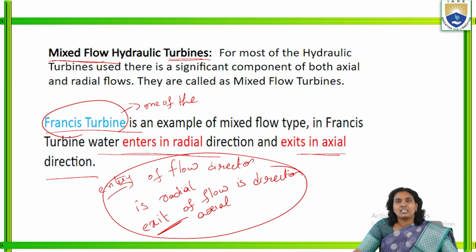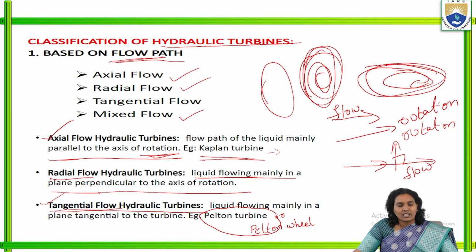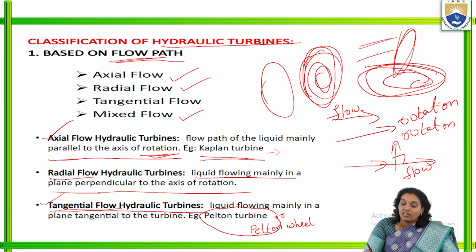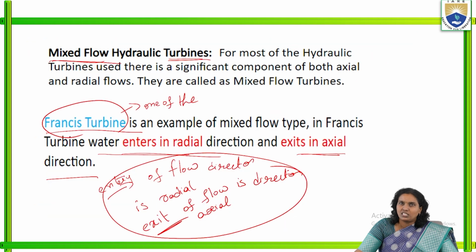Like this, these four are categorized based on the flow. Whenever the flow enters parallel to the axis of rotation, such a type is known as axial. Whenever it is perpendicular to the axis of rotation, it is known as radial. Whenever it is tangential, it is known as tangential flow.